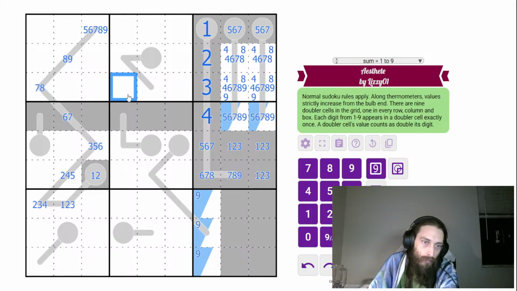Okay, in row 4, we know that 1 can go in 3 spots. 2 is gonna have to go in those same 3 spots because of its own value, and you can't put it there because that breaks the 1, 2 in the other bulb.